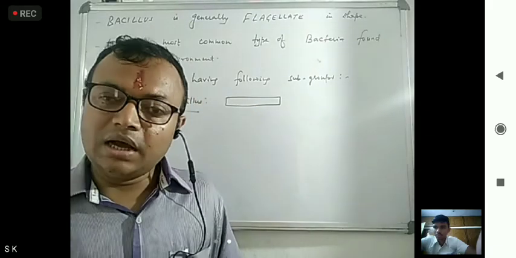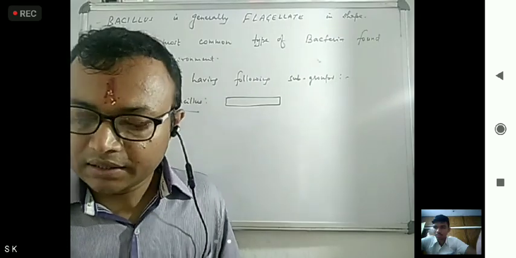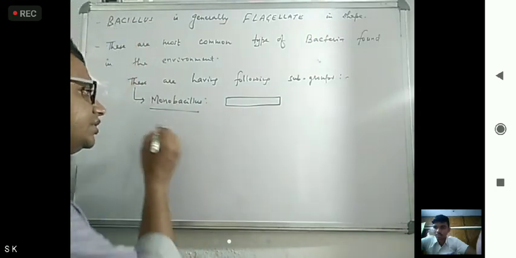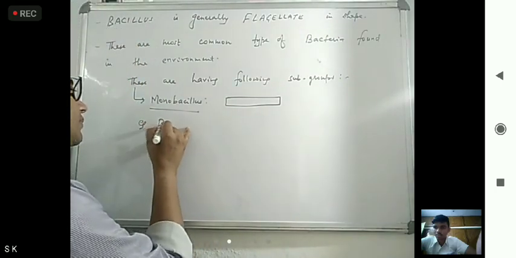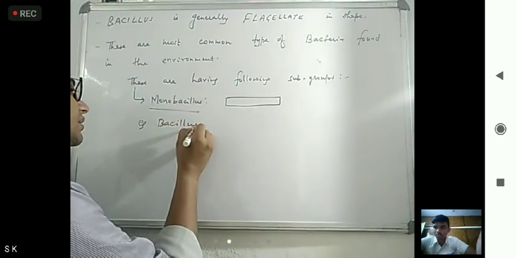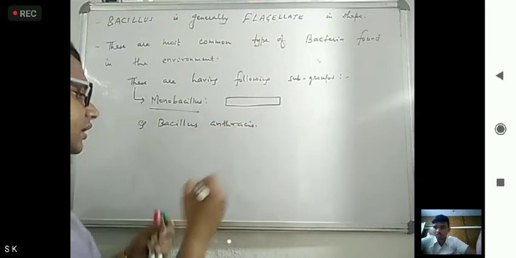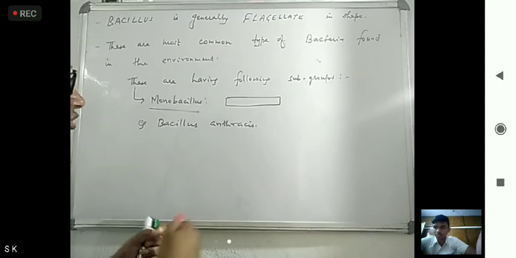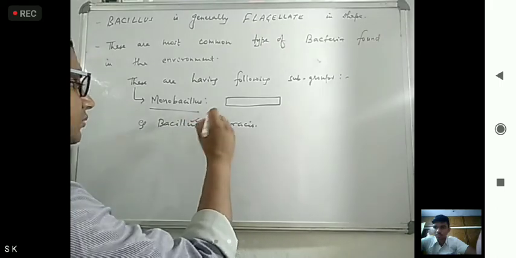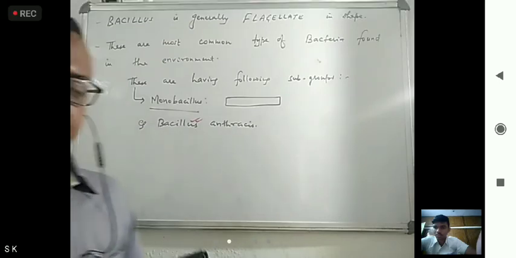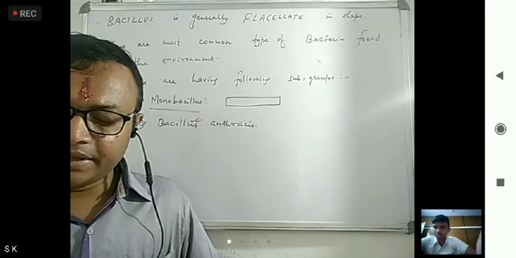Monobacillus occur as single, and the example is Bacillus anthracis. This example is mostly important for your medical exam. So monobacillus occurs as single, example Bacillus anthracis.